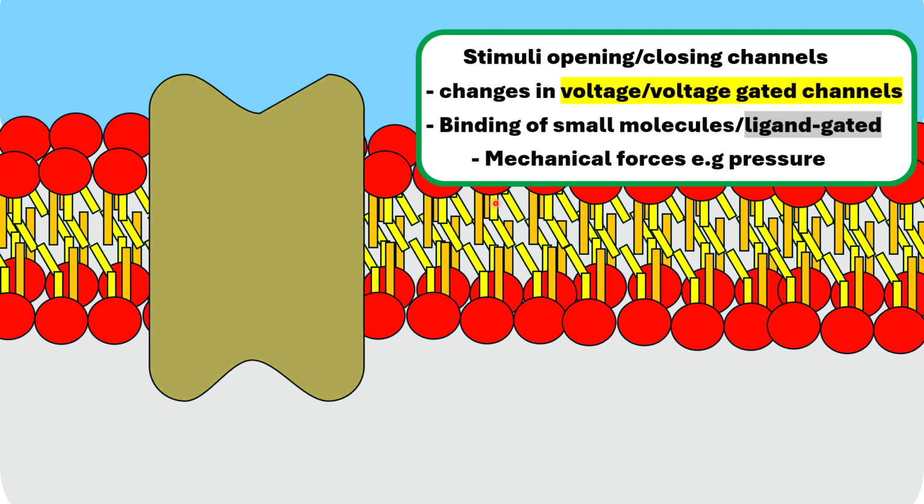Another one, the binding of small molecules, such as oxygen. When this binds, it can either open or close the channel. This means that it's a ligand gated protein channel. And last one, mechanical forces such as pressure or force. These can also stimulate the opening or closing of the channel.